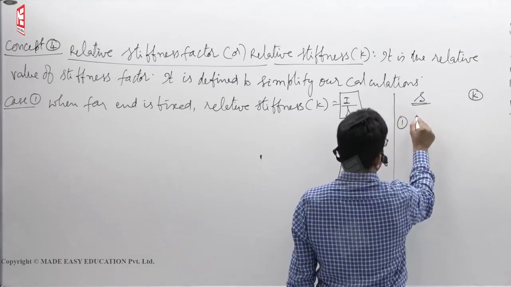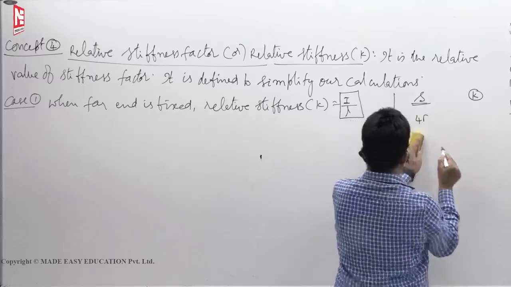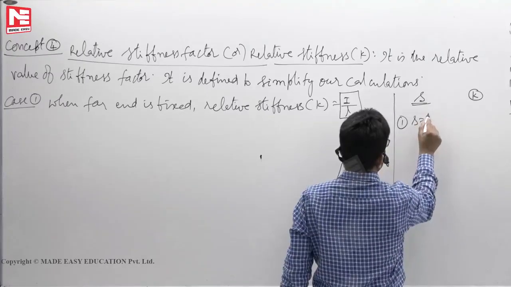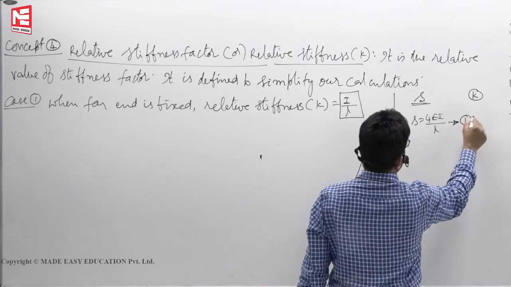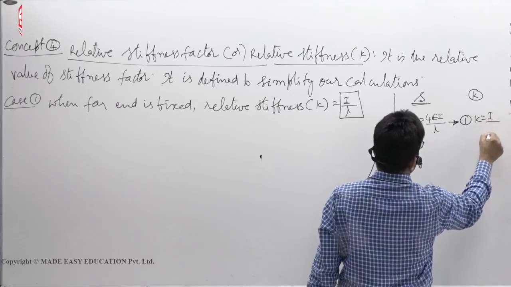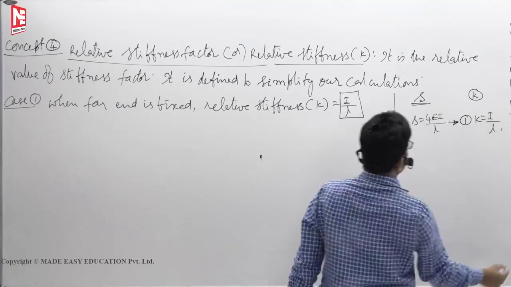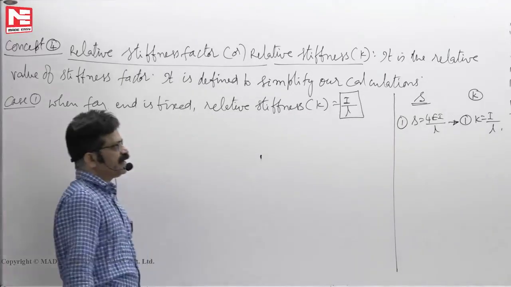First one, if you have S equal to 4EI by L, you will write K as I by L. So 4EI by L, you are writing it as I by L.